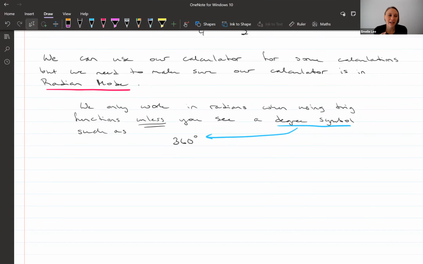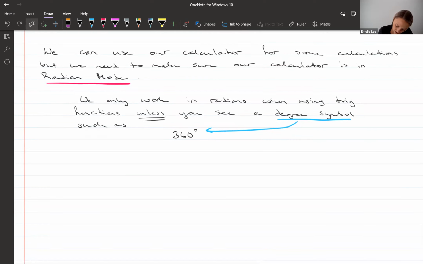Before we go ahead and use our calculator for some of these calculations, we're just going to establish some of these fundamental properties of trig functions.